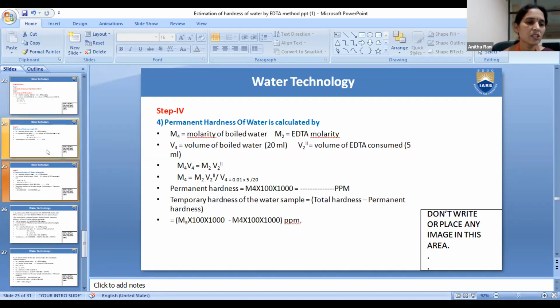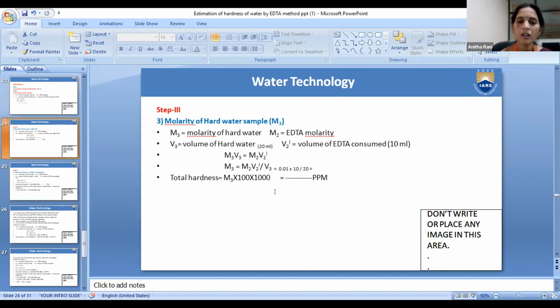Now listen here carefully. Convert molarity into ppm. So total hardness is equal to M3 into 100 into 1000, so you can convert into ppm.